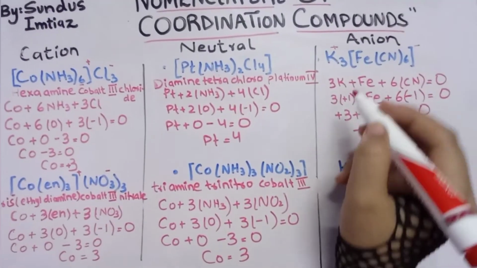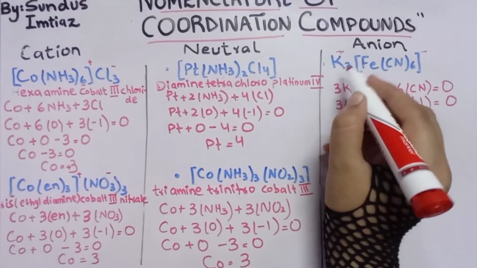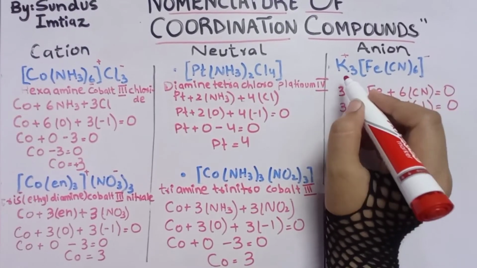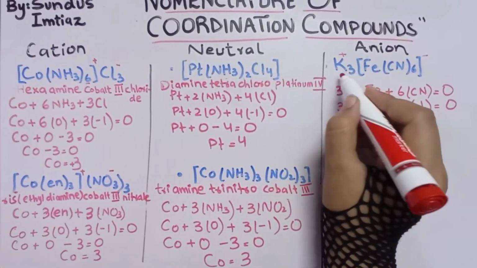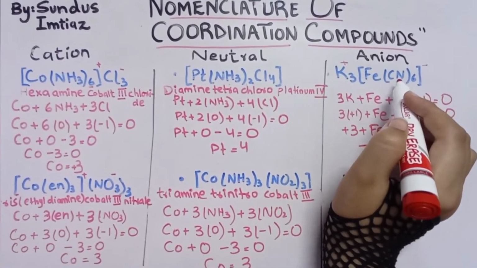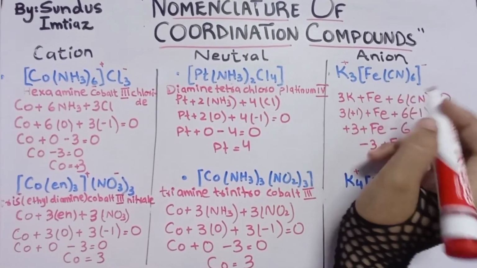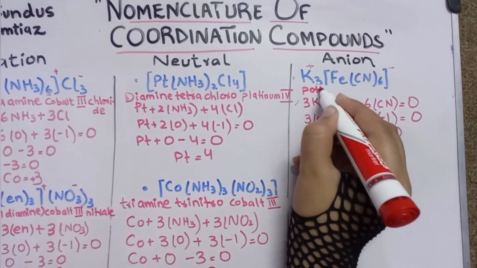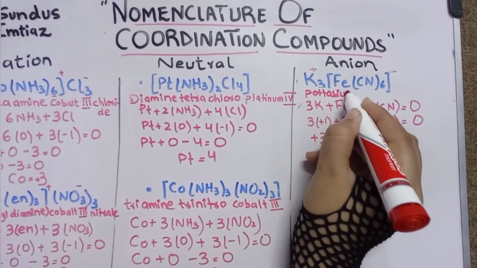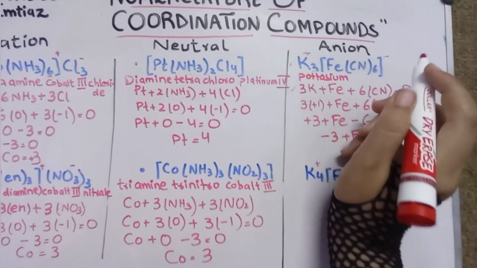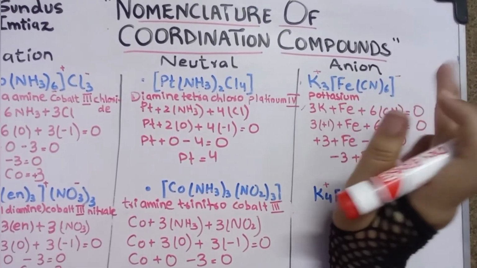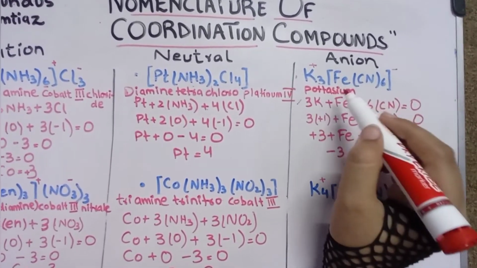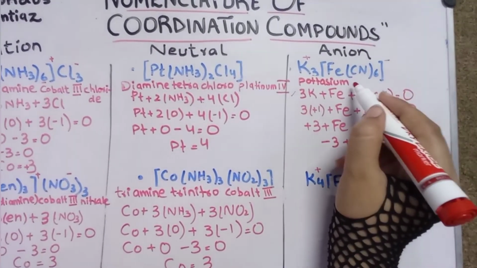Now let's write its name, starting with this potassium. For anion it is a little bit different because we will start with the positive charge, then we will move towards the ligand and then towards the metal. We will not write tripotassium, tetrapotassium, whatever. We will only write potassium here.